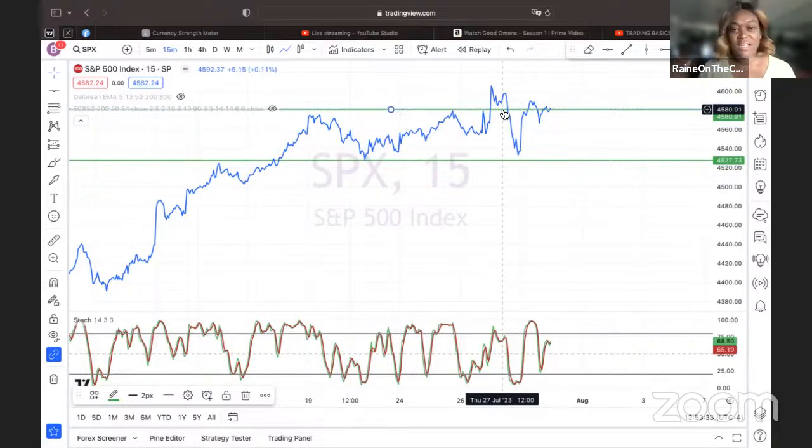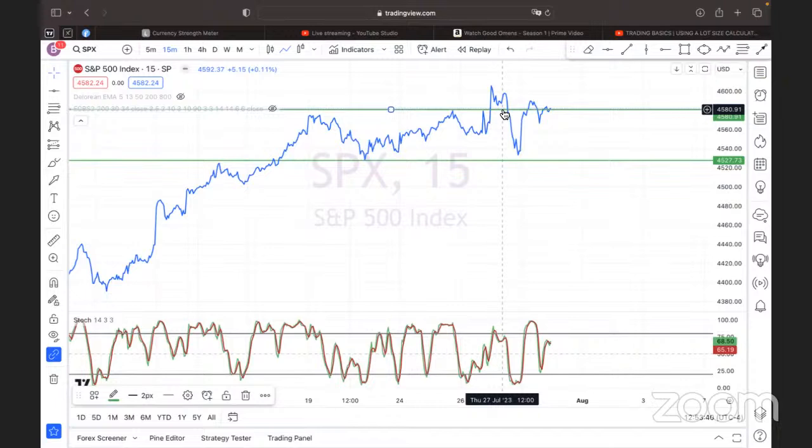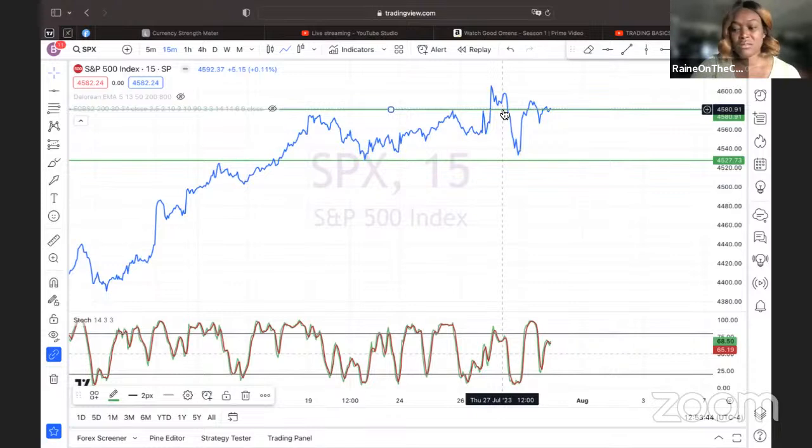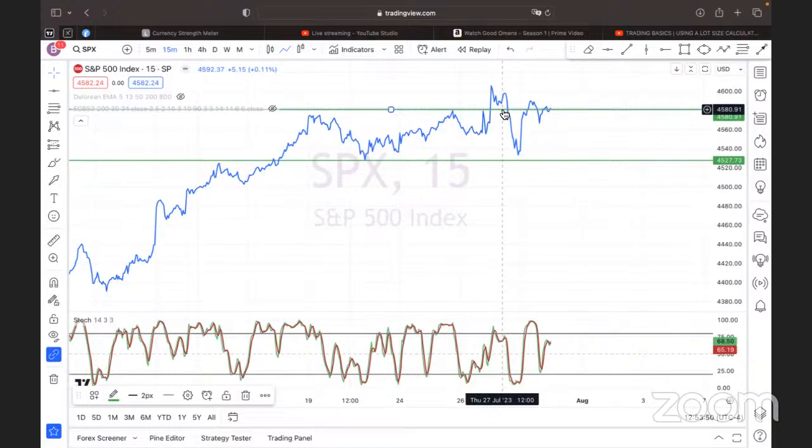At 1 o'clock, it just started moving. I like to trade when things are moving. I don't want to sit down with something that's like molasses. Which is why I chose the London market.